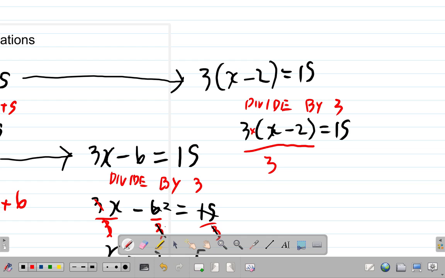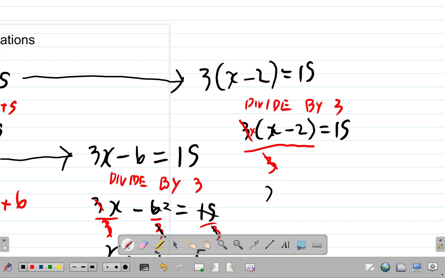Remember, it is 3 multiplied by the bracket. Earlier, we divided each term separated by a plus or a minus by 3. But 3 and the brackets, they are not separated by a plus or a minus. It's 3 multiplied by x minus 2. So there's one big division here, 3 into 3.